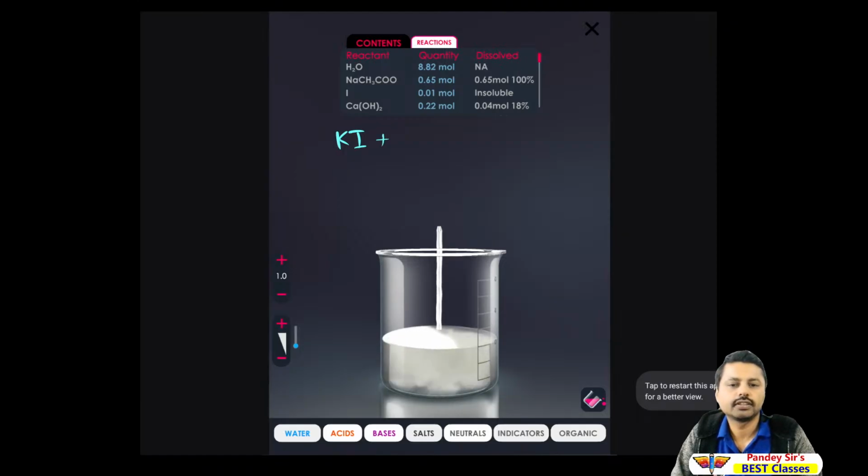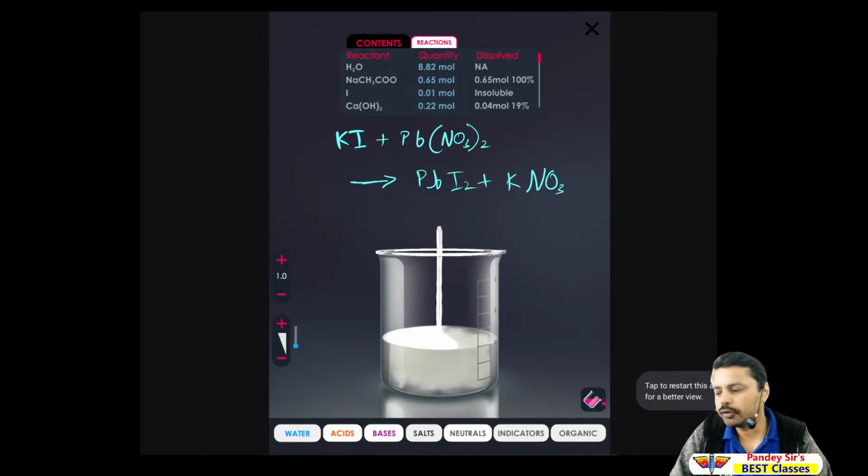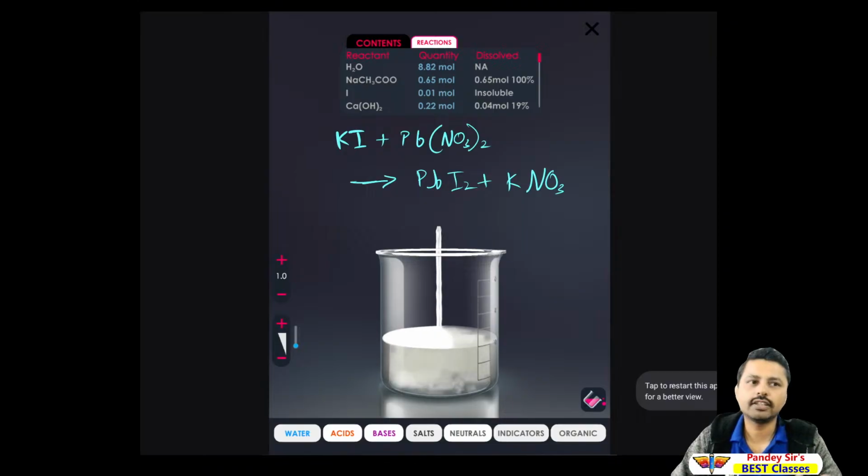So plus Pb(NO3)2, and it gives PbI2 plus KNO3. Okay, that's the reaction. And now I'm going to finish this live one, and tomorrow I'll do maybe some biology, life processes, something more interesting. And I will find some more reactions later on.